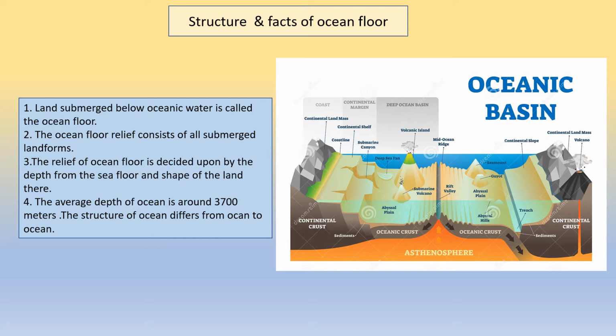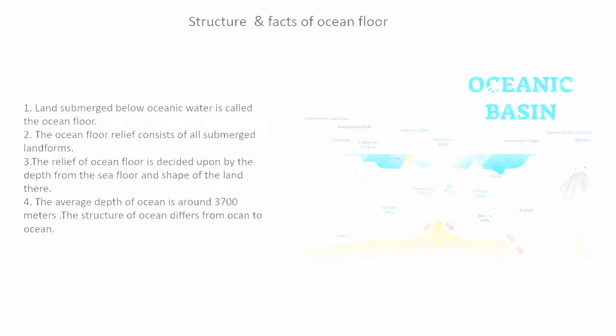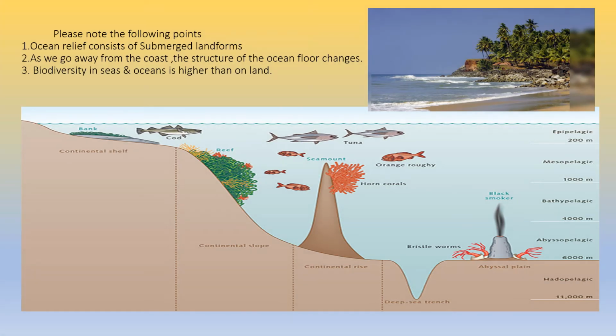Just a quick revision. The depth of the ocean floor is around 3,700 meters, and the structure of the ocean floor differs from ocean to ocean. The ocean floor consists of all submerged landforms. So let us understand the interesting landforms. The depth is written here in meters.